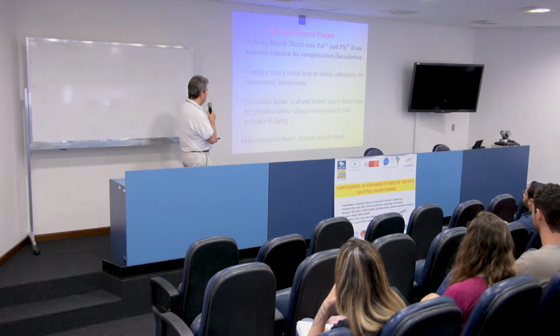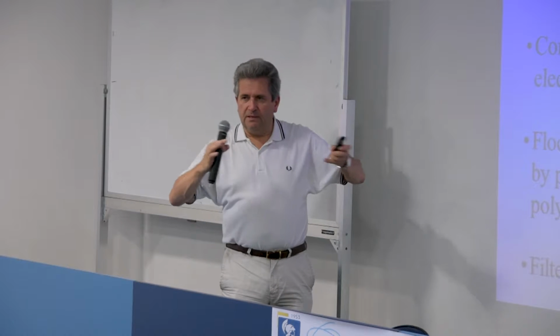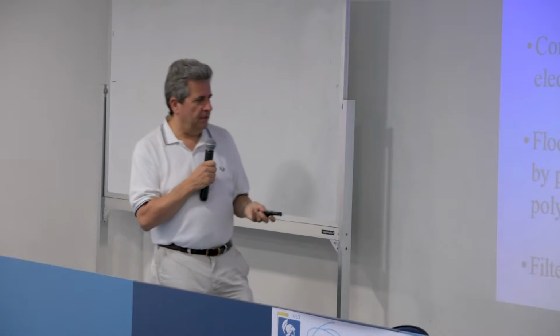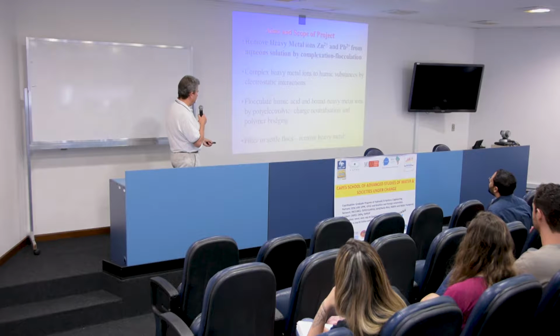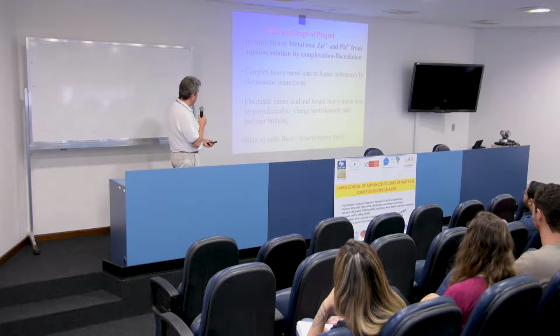And we get a phenomenon known as polymer bridges, which is where the polymers join themselves across a distance to create a kind of bridge. And that gives us flocks which will filter or settle to remove the material. So in this case, we create flocks which contain heavy metals.